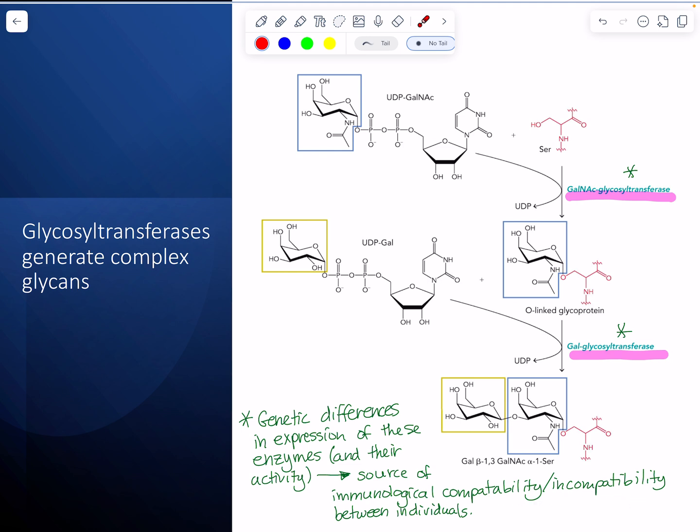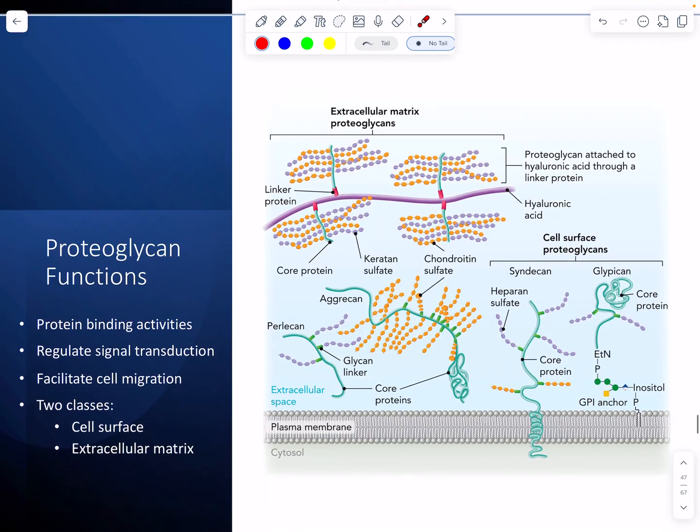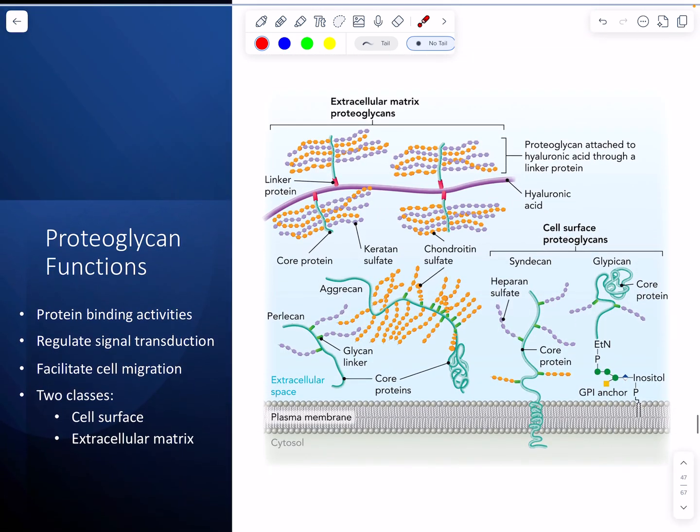And the way that you get differences in what carbohydrates get on to your surface that you're using to identify self from non-self is all in the interaction and the activity of those enzymes. So those enzymes are really important in a medical context. Okay. All right. So that's how proteoglycans get made.